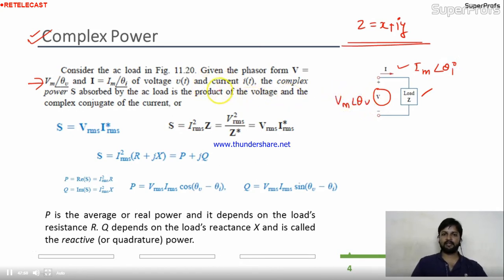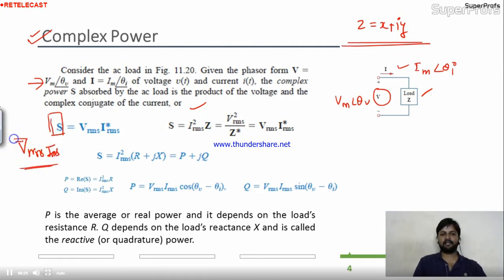Now, given the voltage Vt and current It, the complex power absorbed by the AC load is the product of the voltage and the complex conjugate of the current. If they ask for the complex, this is the apparent power we have seen earlier. We have seen Vrms into Irms.